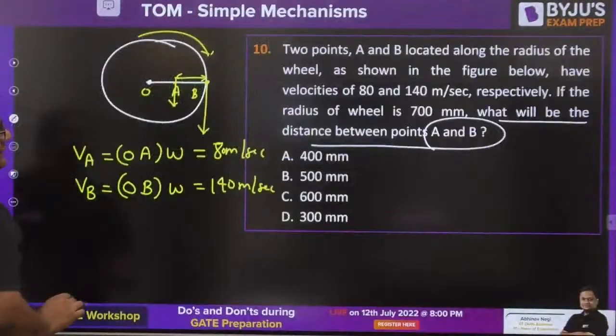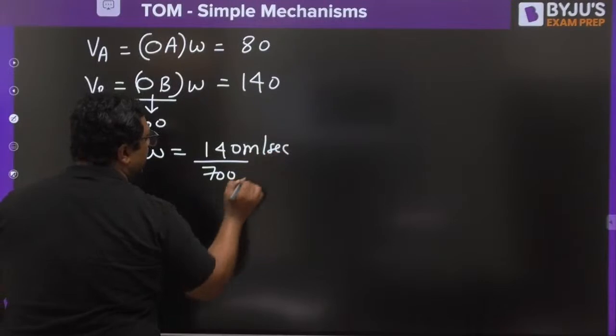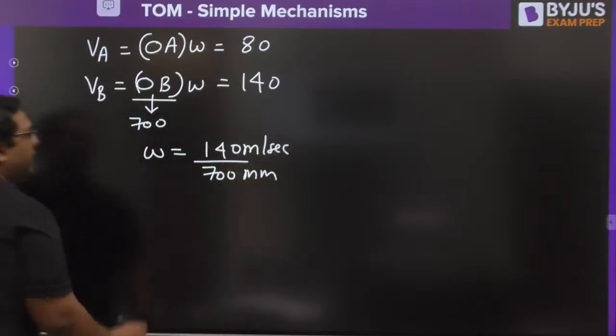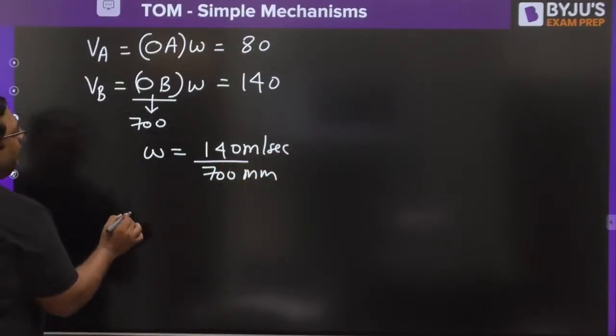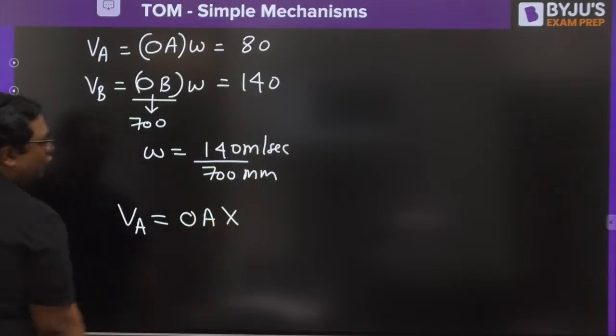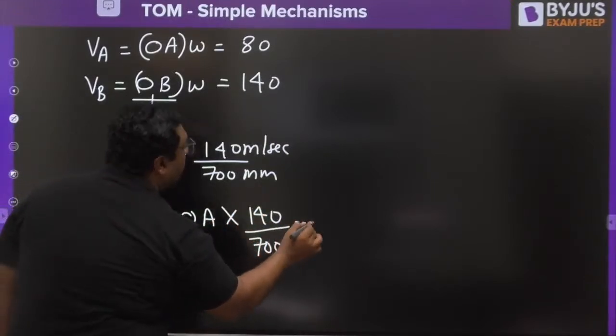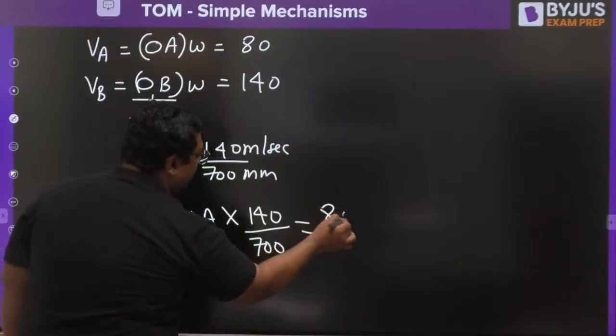This OB is 700 mm, but that is meter per second. So meter per second and mm. Then my dear, you need to find out the distance AB. And you know that VA is OA into omega, 140 divided by 700, is equal to 80.